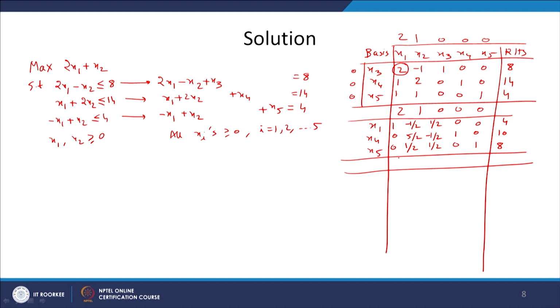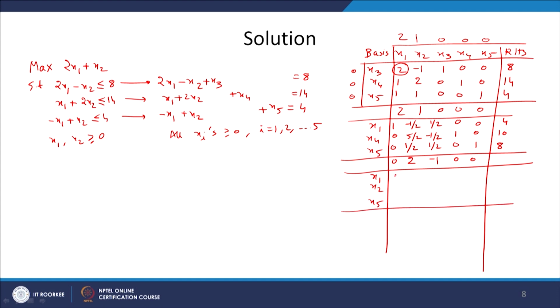Then the deviation entry will be 0 2 minus 1, 0 and 0, and therefore, the new basis will become x1, x2 and x5.